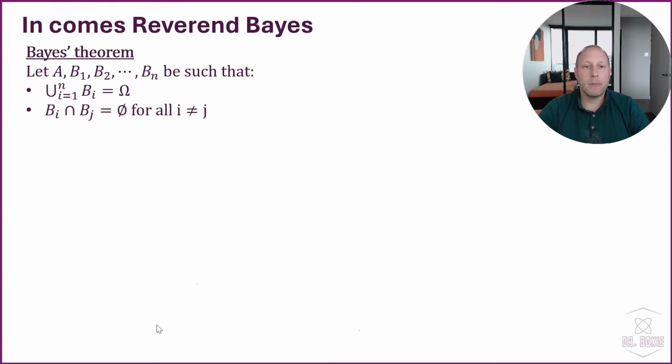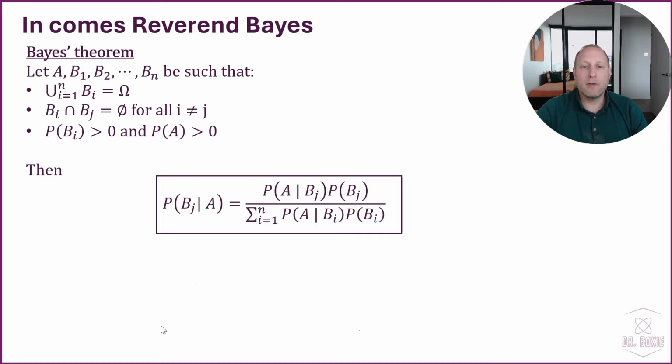They are mutually disjoint, and the probability of each of the Bi is strictly positive, is non-zero. But in this case, we take one additional condition, namely that the probability of A itself is also strictly positive. Well, in that case, the theorem says that the probability of Bj given A is equal to the expression I wrote on the right-hand side here.